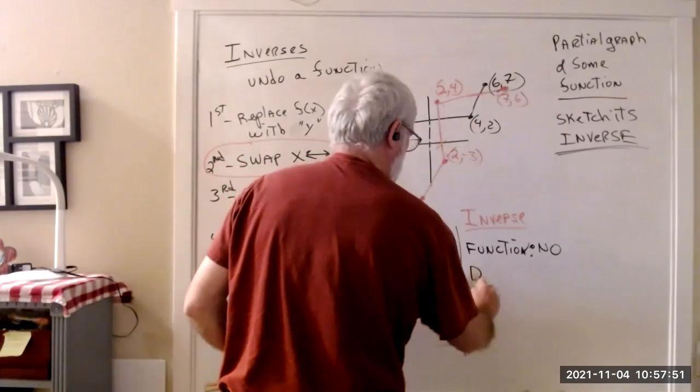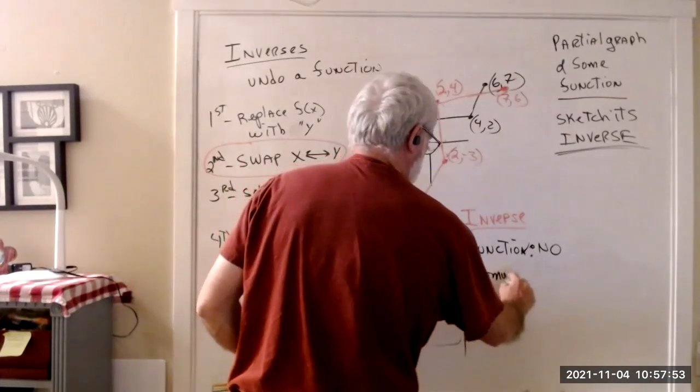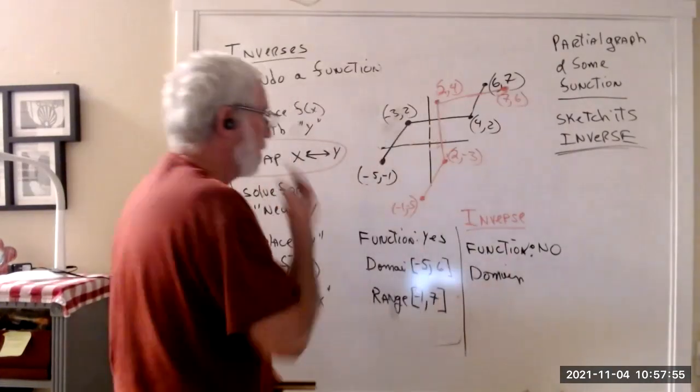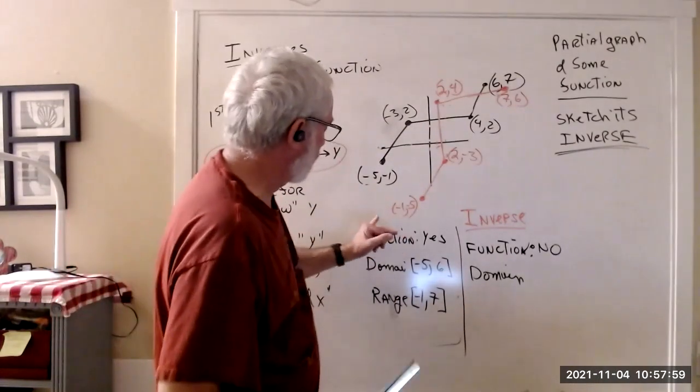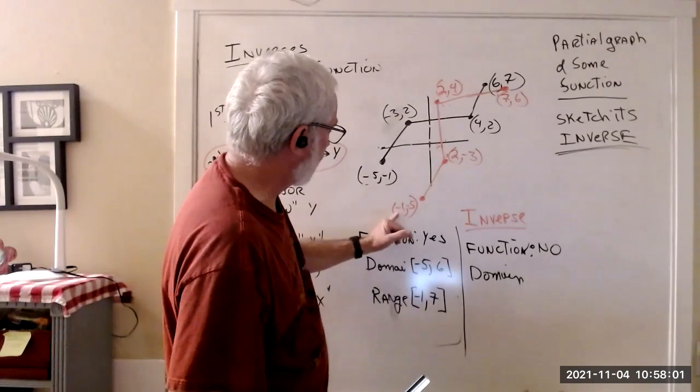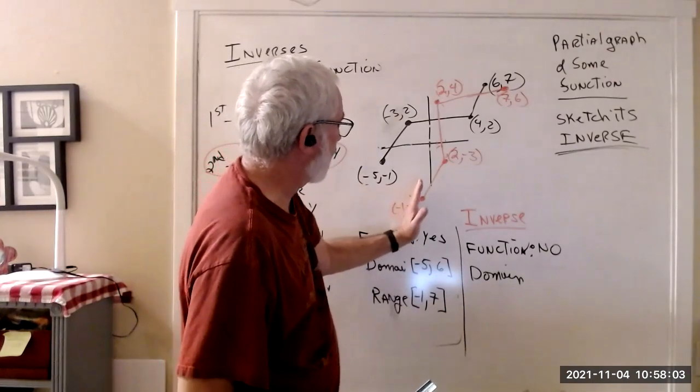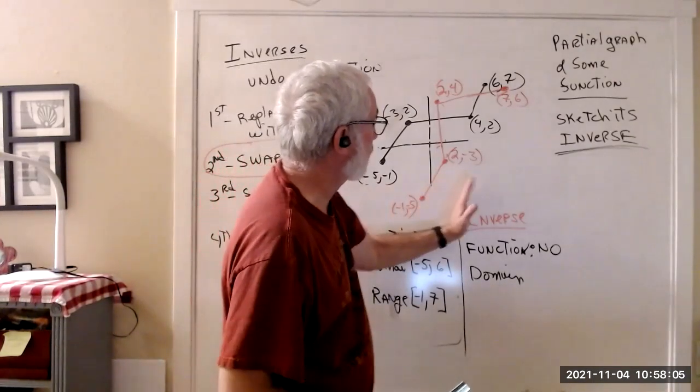Domain. Again, this is the domain of the red one. Where they go, the domain is everything from -1 to 7.